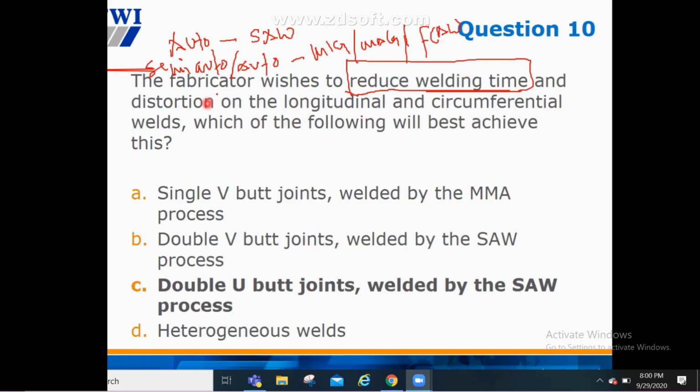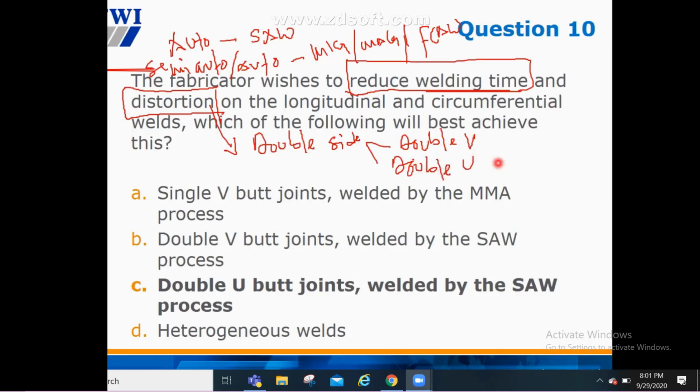And controlling distortion here. To control distortion, the best is always to use double side. Double side here can be double V, or maybe we can use W. But again, if we compare double V and W, the best is always W, better than double V, if we are talking about the best to control distortion.